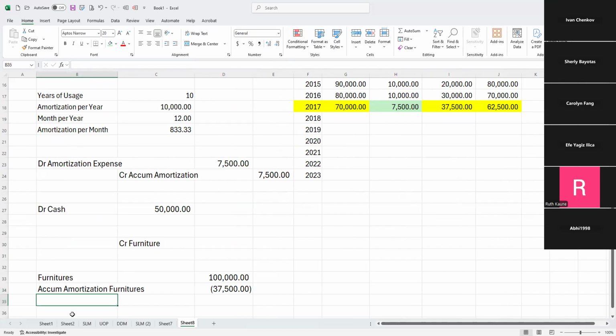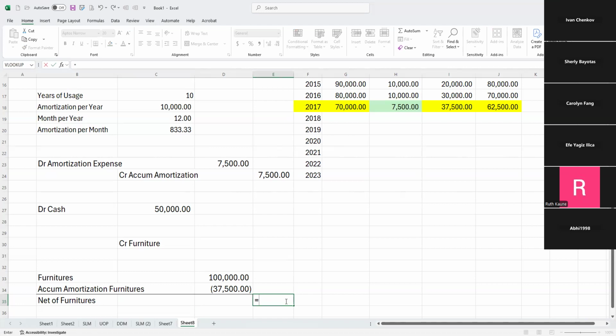And on the balance sheet, you're going to have net of furnitures, and that will be the carrying value now, 62,500.